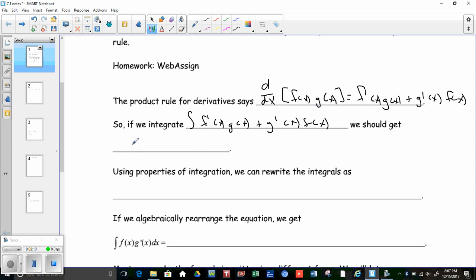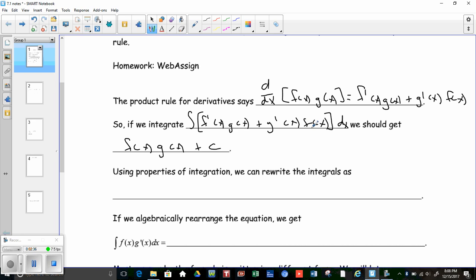We should get some kind of f of x, g of x. Of course, since we're going backwards, and this is an indefinite integral, we've got a plus c. So using properties of integration, we can actually rewrite this integral right here. Oops, I did forget a dx here, didn't I? Bad notation.